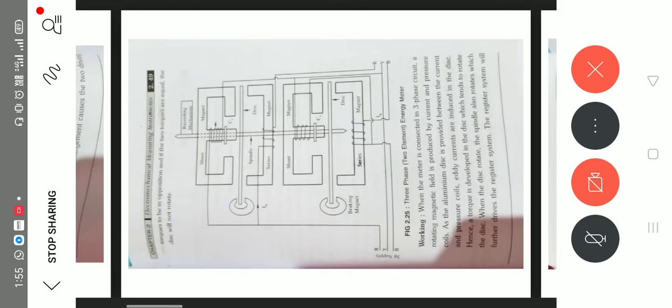Anyone having any doubts? This three phase energy meter. Any doubts? Is it clear?